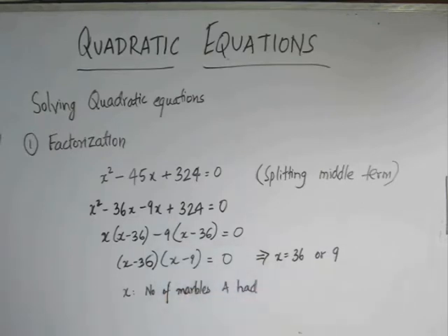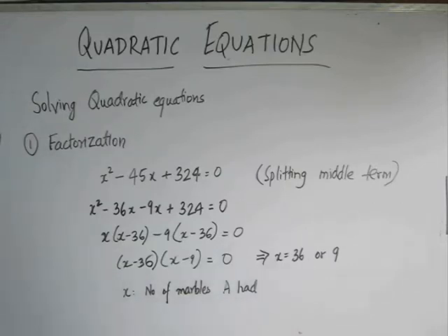Now you might be thinking, how come A could have had more than one value of x, that is more than one value of the number of marbles? In the question we are given two people A and B, and whether A had the higher number of marbles or B had the higher number of marbles is not a very important factor here.